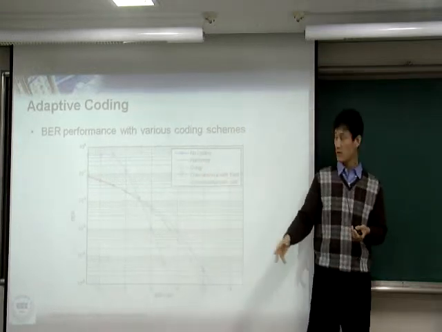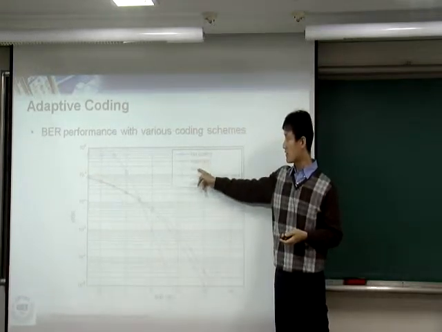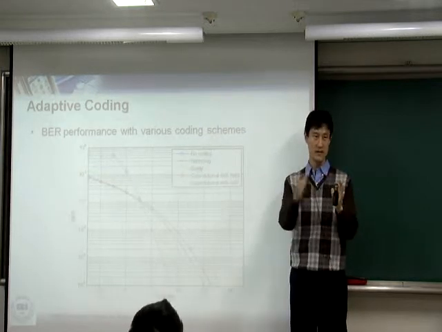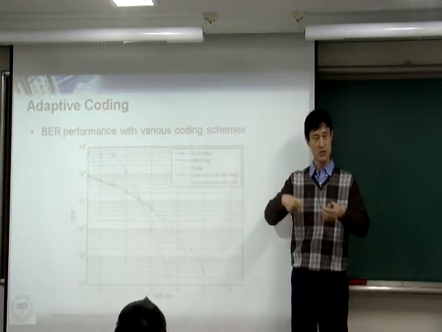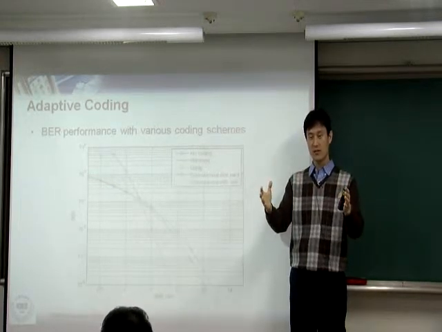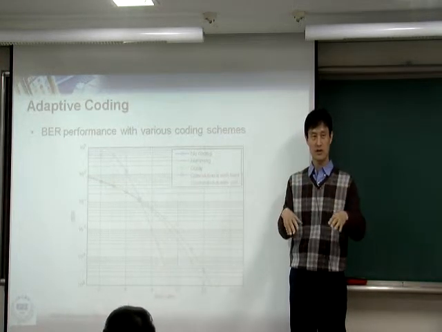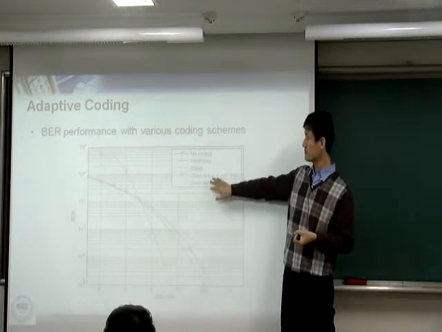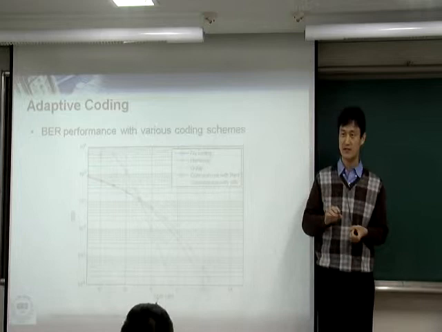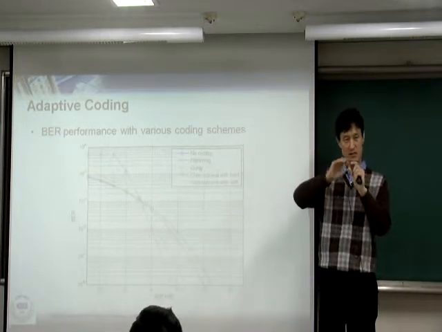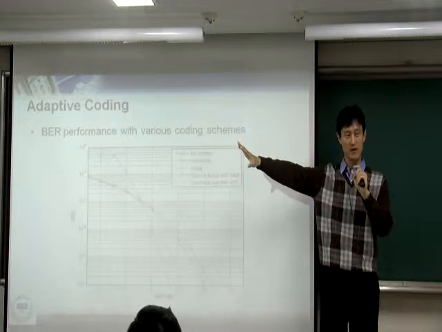Block coding means that you take a block of bits, do an encoding and transmit. On the receive side, you receive a block, which goes to the decoder, and again you get a block back. In convolutional coding, that's not the case. It's continuous, which means that you have a series of bits, infinitely.